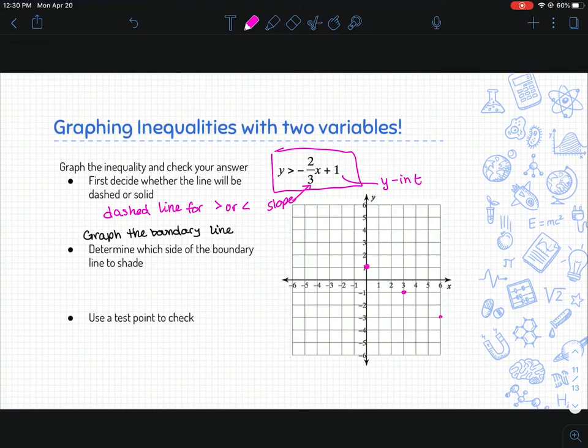So I'll go down to the right by 3, down to the right by 3, up to the left by 3, up to the left by 3. Since it's a dashed line, we're just going to dash in between those points. And the boundary line is not part of the solution, because it's a dashed line.